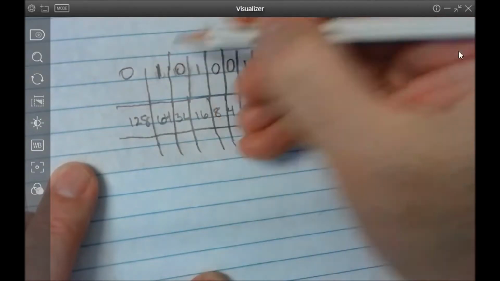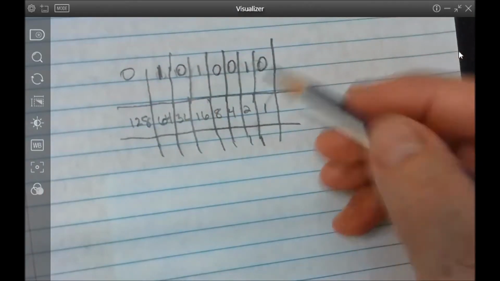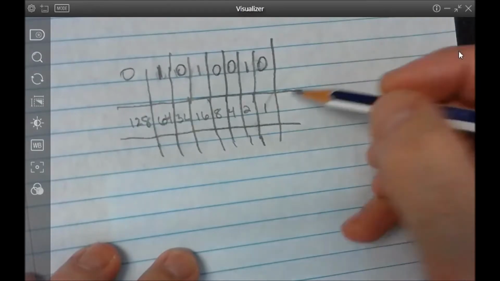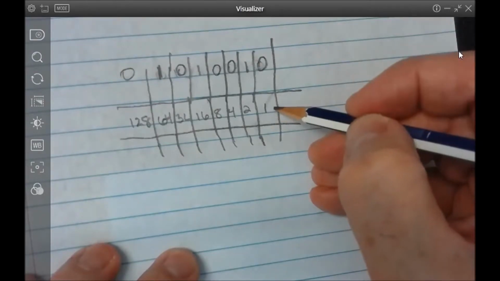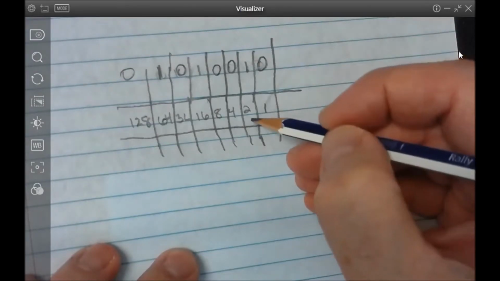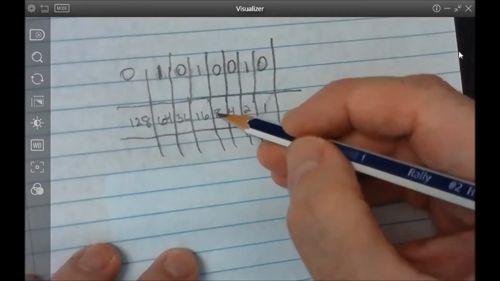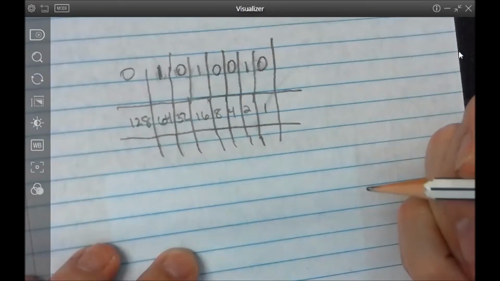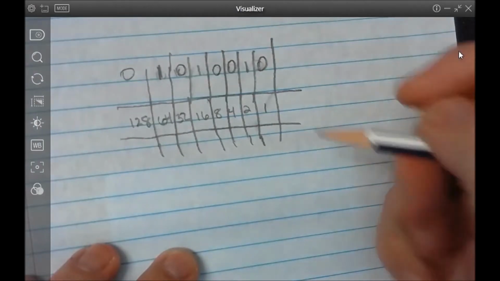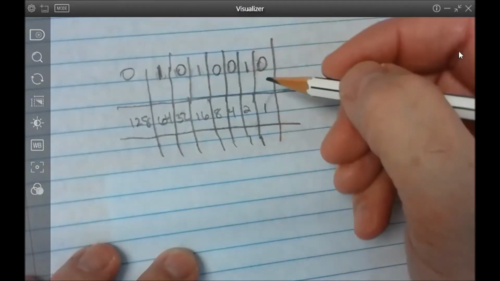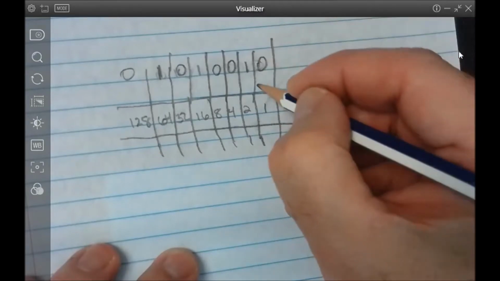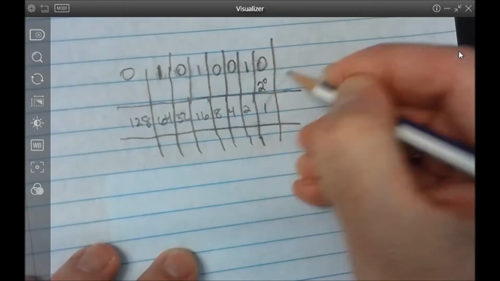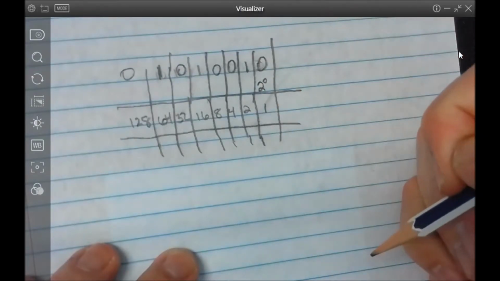Again, this binary number is expressed in bits. This would be the first, and we double it: 2, 4, 8, 16, 32, 64, and 128. The way that is represented is that this is 2 to the 0 power, which is equal to 1.